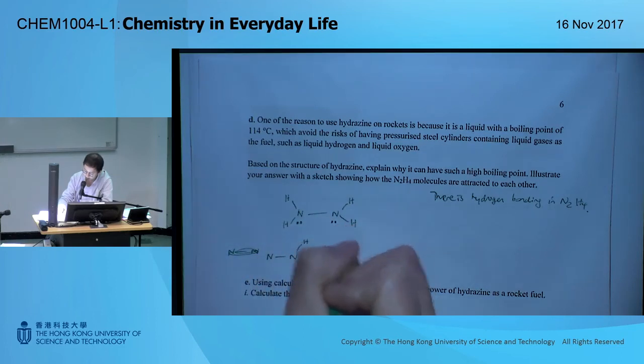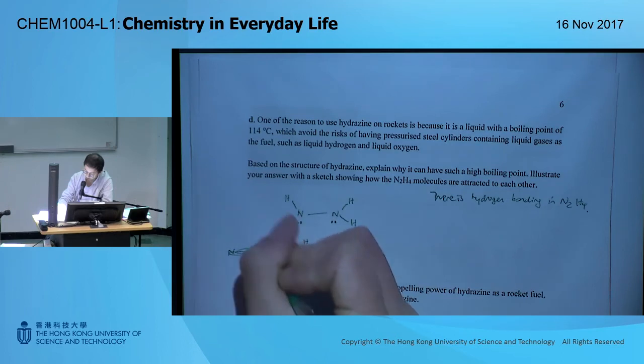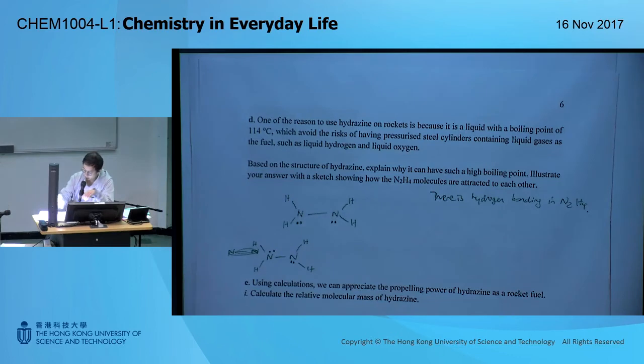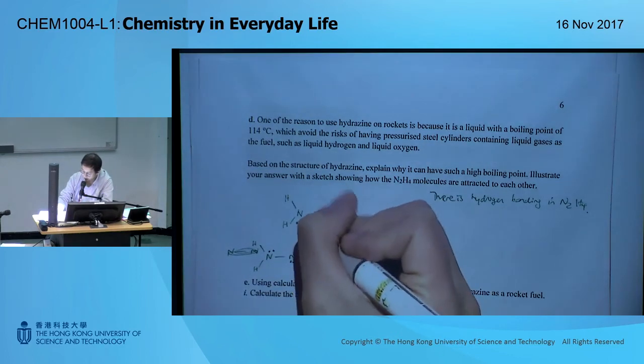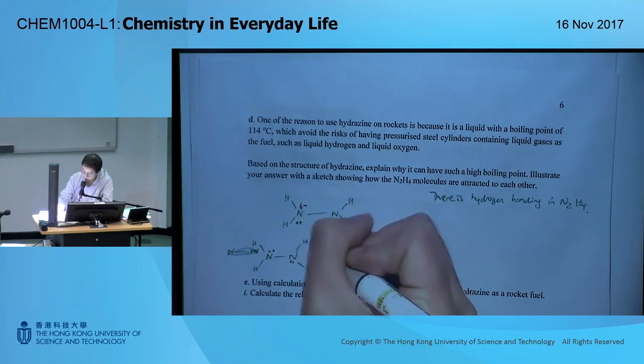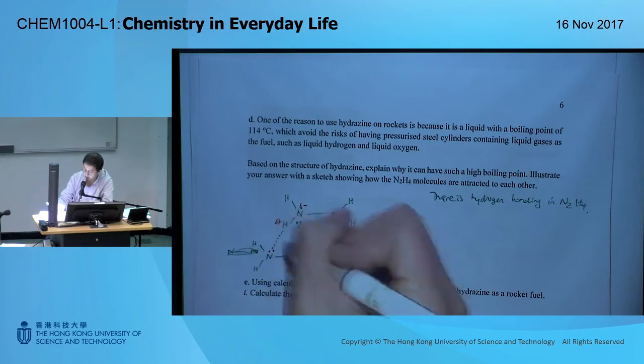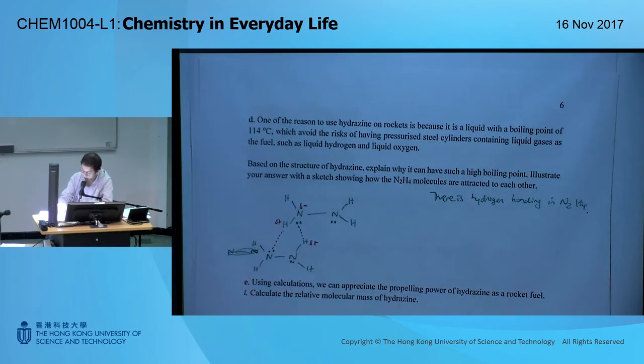One here. So then you can show that the lone pair of a nitrogen, which is delta minus, attracts the delta plus of the hydrogen on that side. And the delta plus here can also be attracted by the lone pair of nitrogen there. So these are the hydrogen bonds.